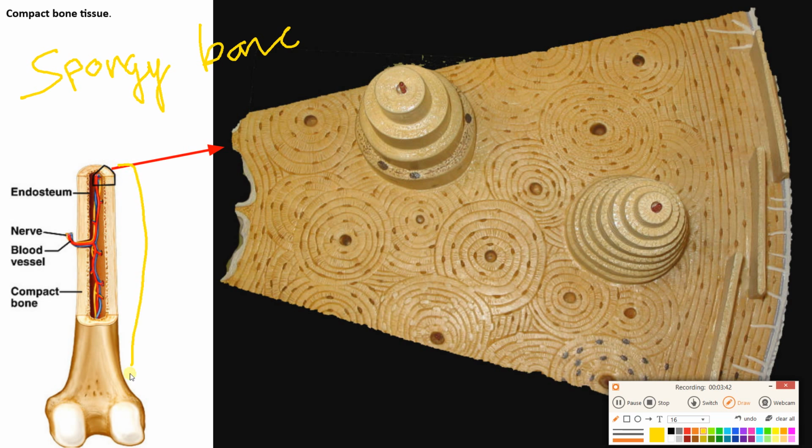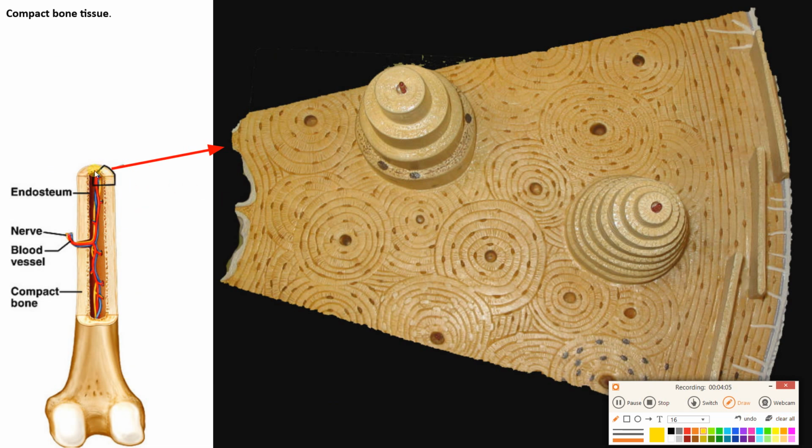The shaft of the femur, of which we see about half, the shaft of any long bone, to be honest, is called the diaphysis. So we are transversely cutting the shaft, the diaphysis of the femur.